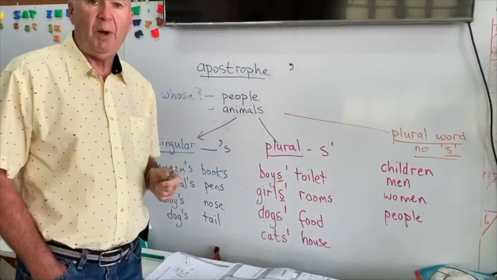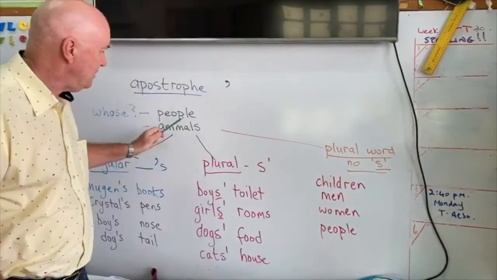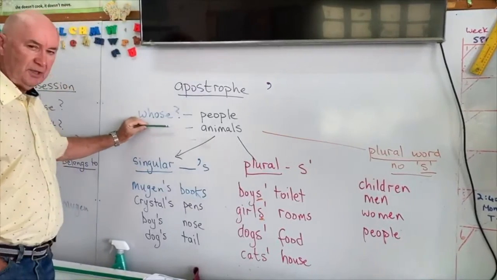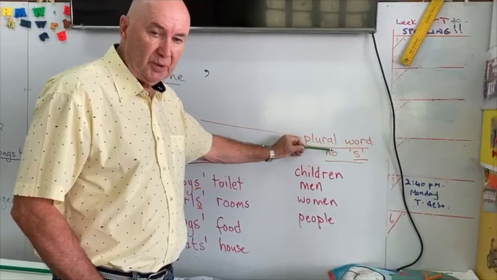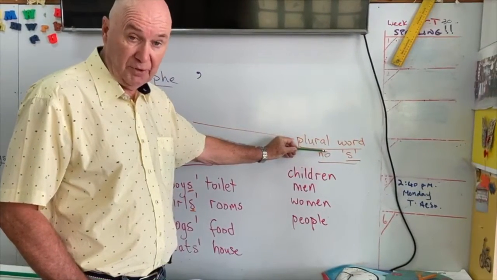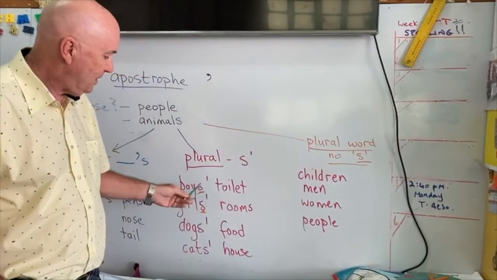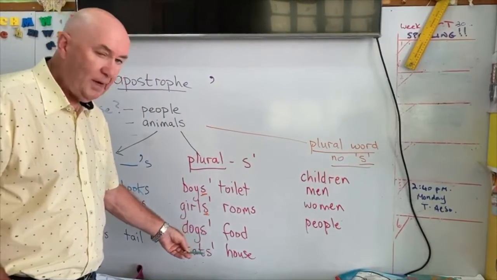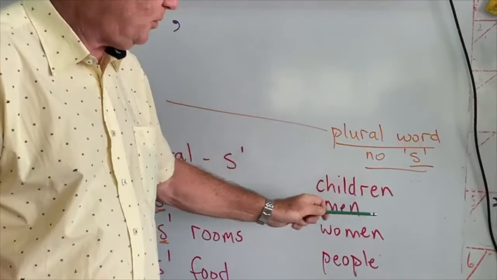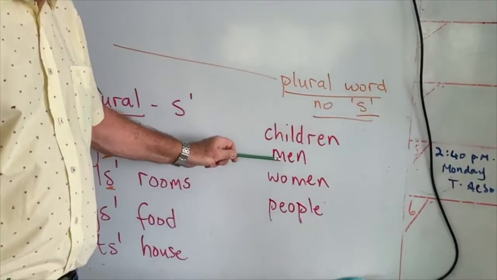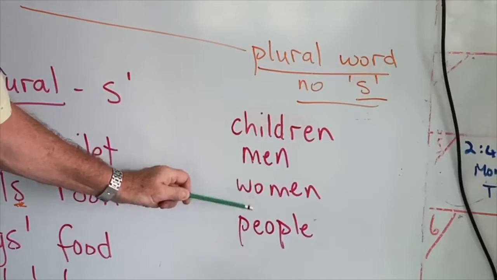Now, only one more thing to make it a little bit more difficult. Sometimes the answer to this question, whose, might be a plural word, a word that means more than one, but it doesn't end with the letter S. These all end with letter S, so we put S apostrophe. But children is more than one child. Men, more than one man. Women, more than one woman.